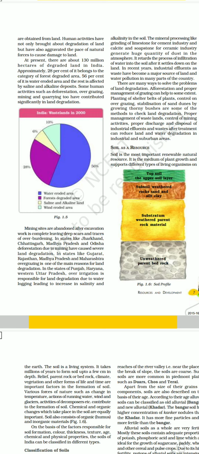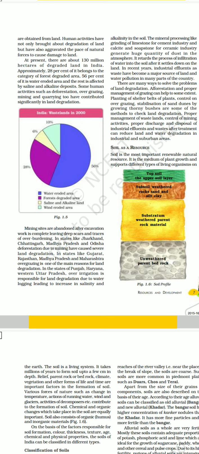Soil is very important for the growth of plants, and it supports different types of living organisms on the earth. Soil is formed mainly due to the process of weathering, and as a result of weathering, a layer of loose rock materials is formed on the land surface.